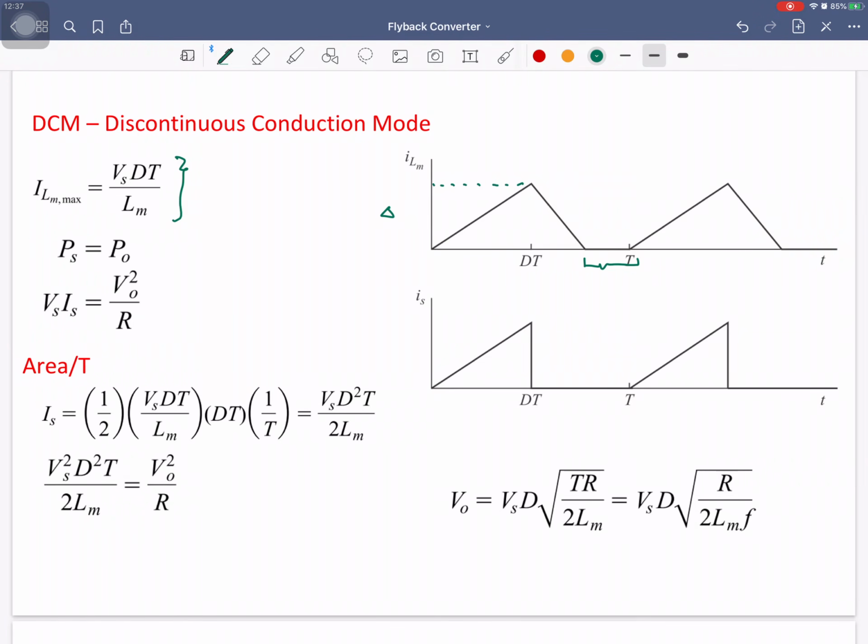So in this case, this is delta ILM. And if we calculate the maximum value when your Q is in the on state, this will be equal to ILM maximum value, and that we have already seen is equal to Vs dt by Lm.